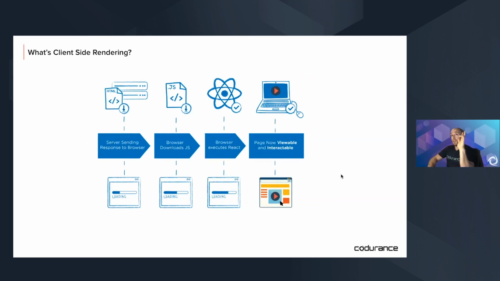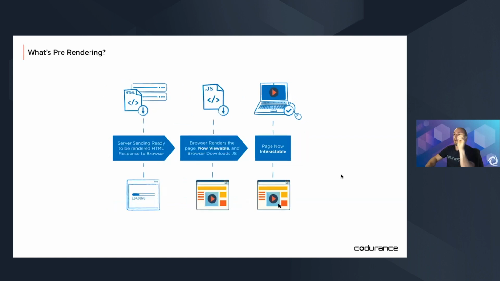A third option here is a hybrid approach, that is pre-rendering. Pre-rendering takes this client-side rendering step plus the server-side rendering step, putting it all together and writing a static file with all the contents, all the JavaScript, all the things that you will need.